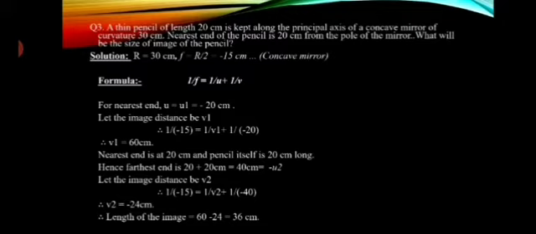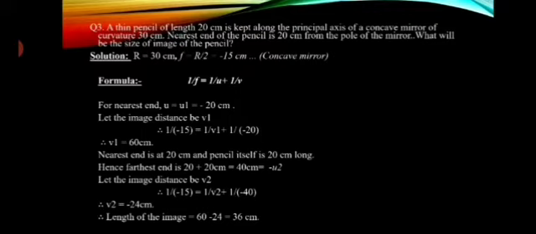As it is kept on the left side of the concave mirror, it is considered as negative, which is minus 20 centimeter. And let the image distance be v1. Substituting in the above formula, we get v1 as 60 centimeters. As we obtain the image on the right side of the mirror, it is taken as positive.